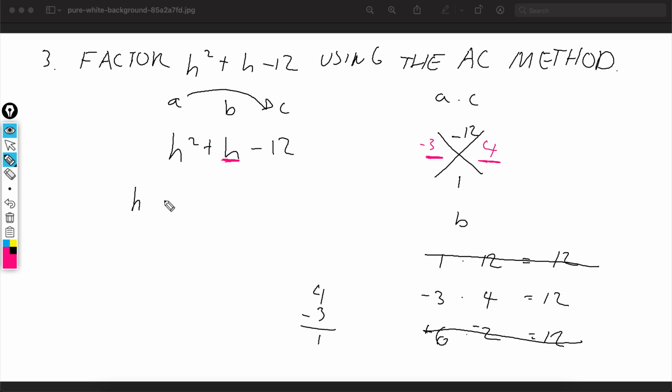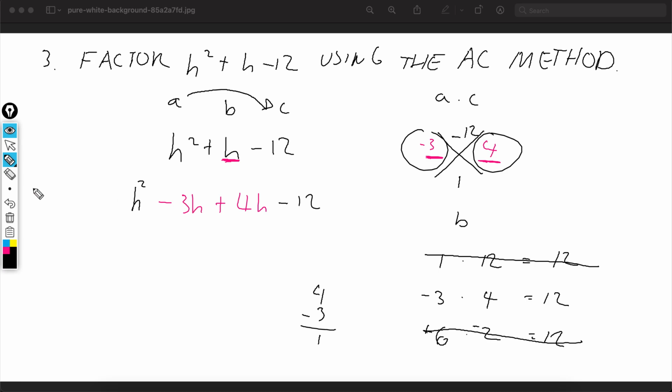So this part would be negative 3h, because there's an h, plus 4h minus 12. Oops, sorry, I forgot a squared. So h squared stays the same. Negative 12 stays the same. This middle guy is what changes and splits into these guys, a negative 3 and a positive 4. So negative 3h, positive 4h.